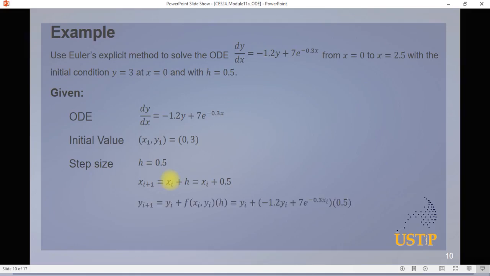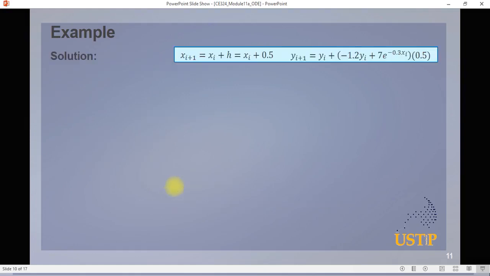Then yi plus 1 is equal to yi plus f of xi, yi multiplied by h, or simply yi plus negative 1.2 yi plus 7e to the negative 0.3 xi, multiplied by 0.5.